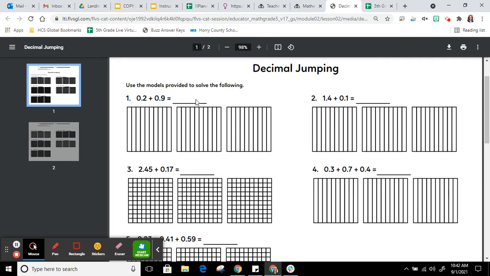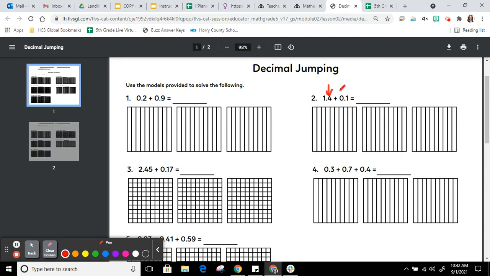So let's start by looking at number 1. Number 1 is, actually, you know what? Let's do number 2. Number 2 is 1 4/10 plus 1/10. So we're going to start by shading in this first number. This first number is 1 4/10.